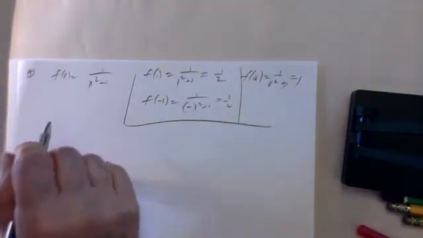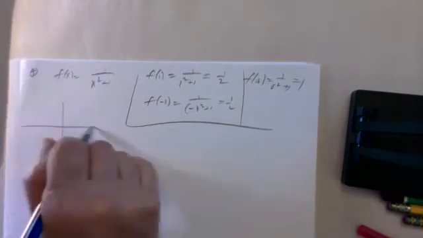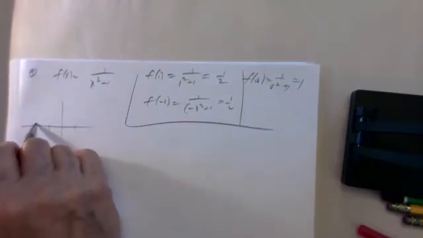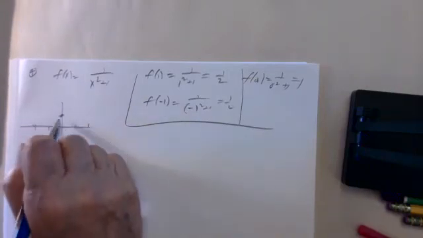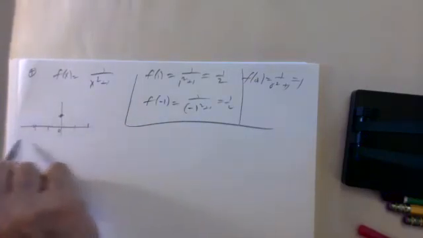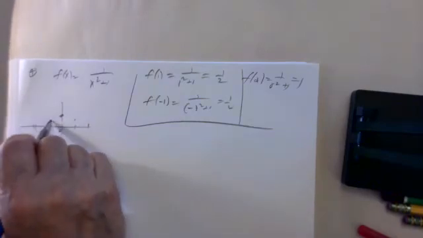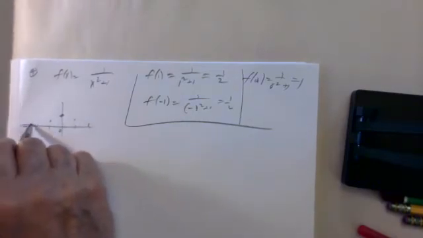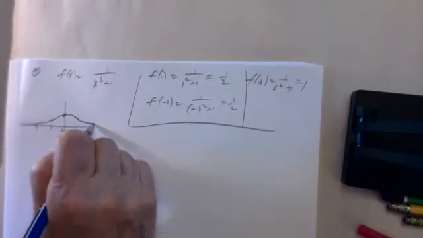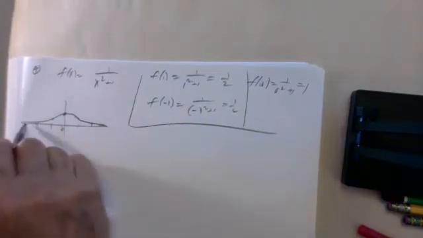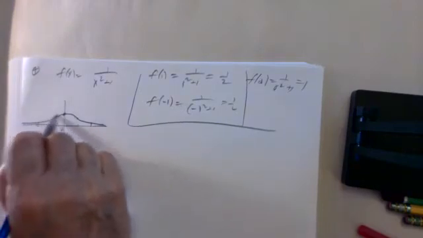And if you graph this function, it's 1 at 0. At 1 and minus 1, it's a half. And in fact, this function looks like that. It's this curve that looks like that.